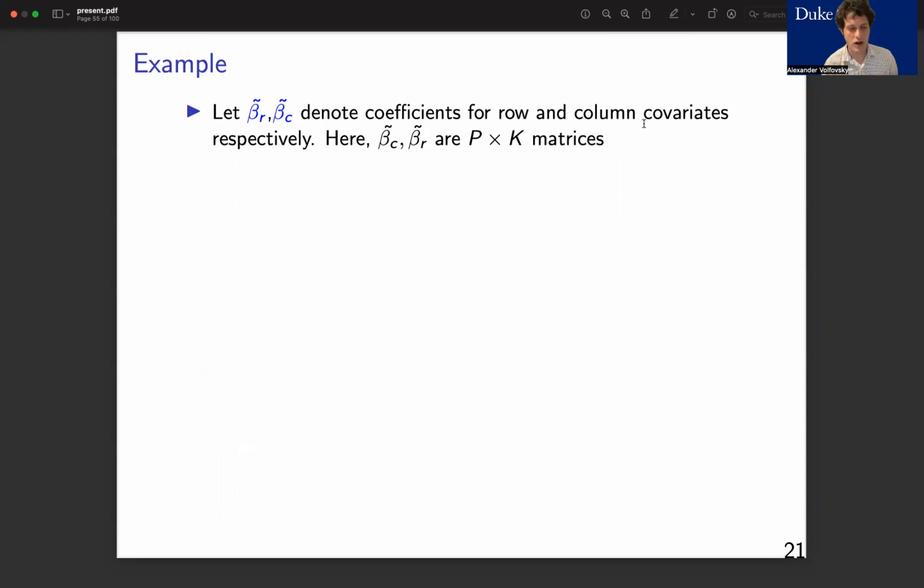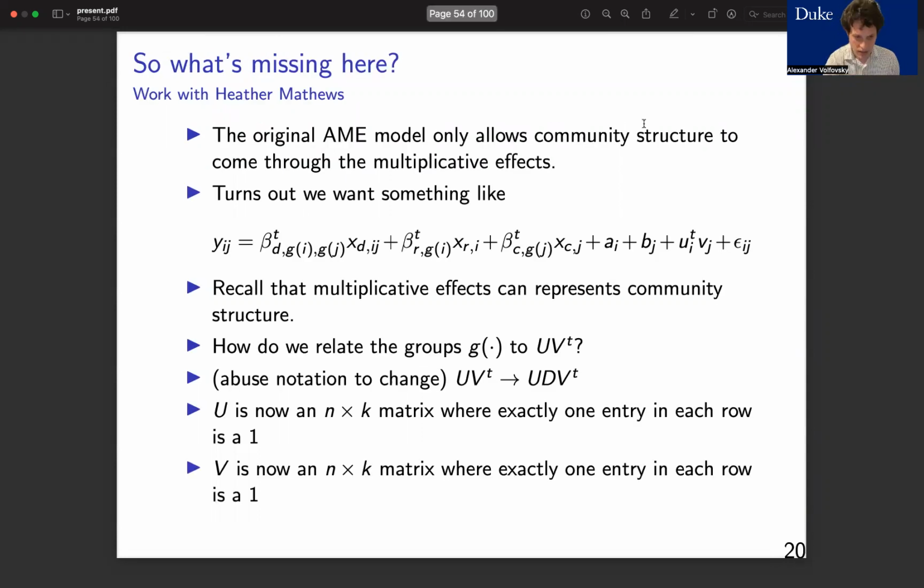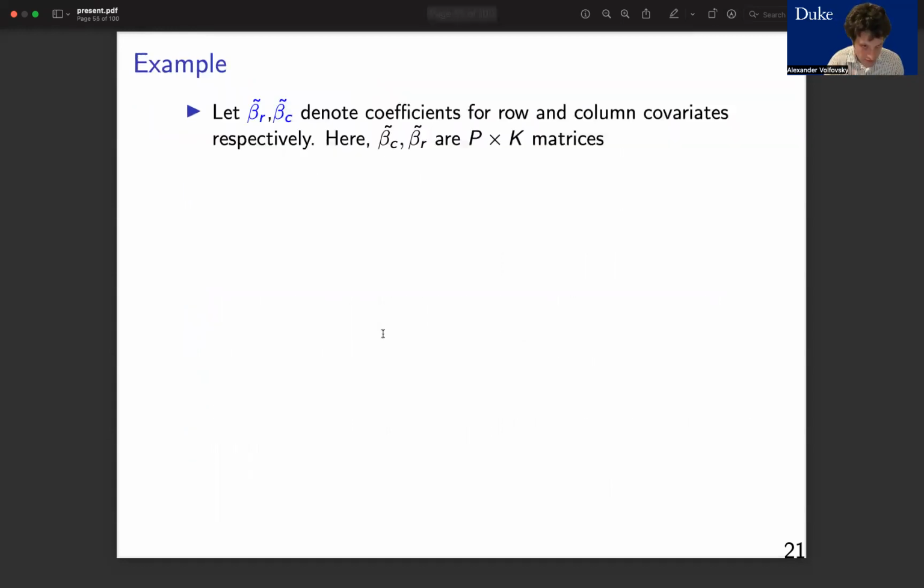So we're going to try to link these beta tilde R and beta tilde C, which, if you think about what they are, if there are 3 possible communities, then beta tilde R for one of the row covariates would be beta R1, beta R2, and beta R3, right? And so we need to be able to write down this equation without this inconvenient G notation, and ideally in terms of these U and V. So we're going to do it in the following way.